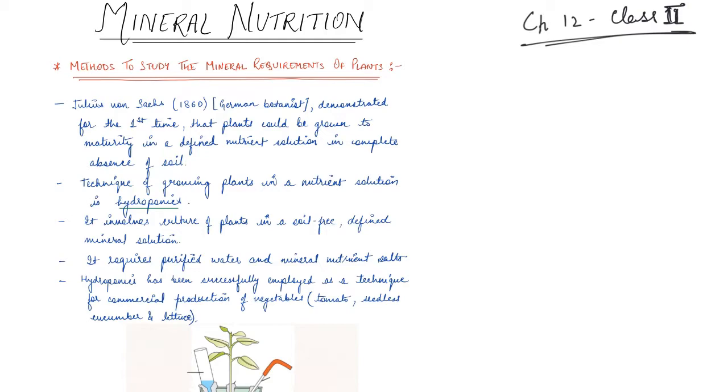So basically guys, what happens is that the basic needs of all living organisms are mostly the same, right? That means that they require two types of molecules. They require macromolecules like carbohydrates, proteins, fats, right?